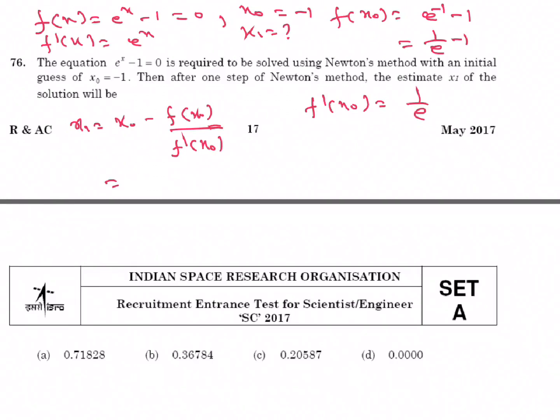So just put the values: x0 is minus 1 minus f of x0, 1 by e minus 1.